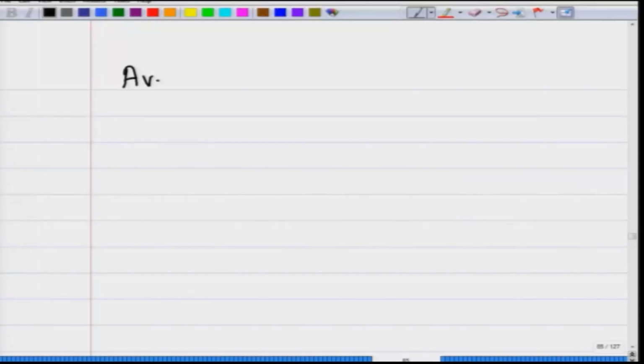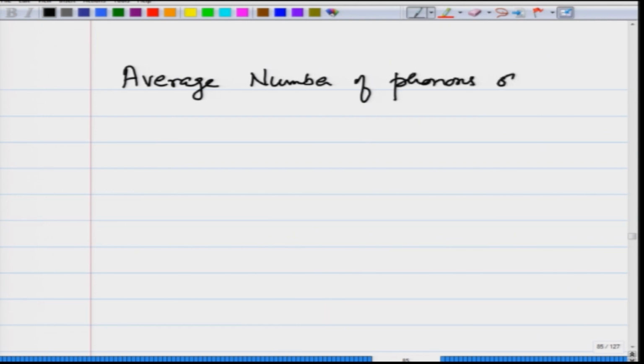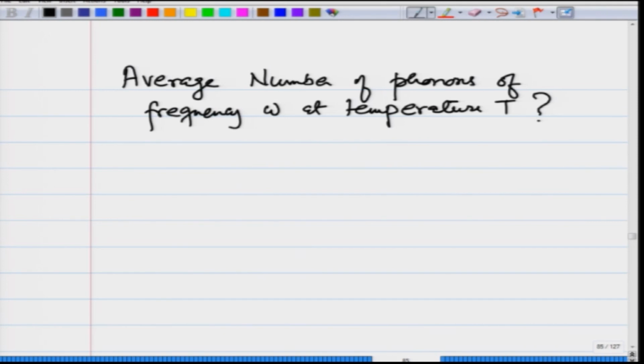So, I can have n phonons and the energy will be nħω, and the question is what is the average number of phonons of frequency omega at temperature T. This is the question I am asking. This also gives you what is the average energy of that mode.